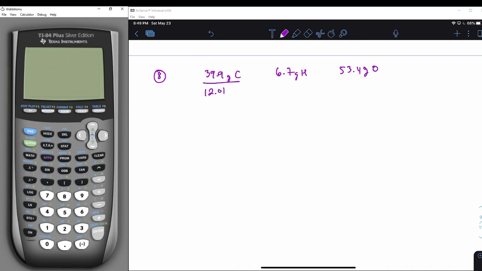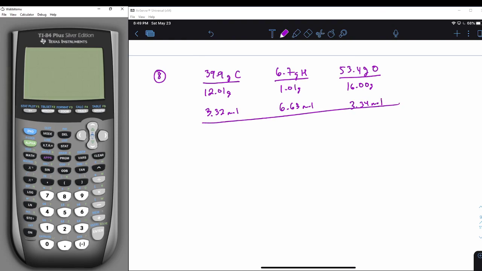We divide by 12.01 grams, 1.01 grams, and 16.0 grams, and we get 3.32 moles, 6.63 moles, and then 3.34 moles. We divide them all by the smallest number, and we get 1, 2, 1. So the empirical formula is CH2O.